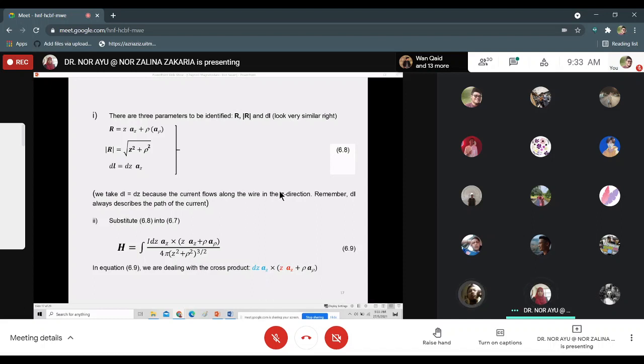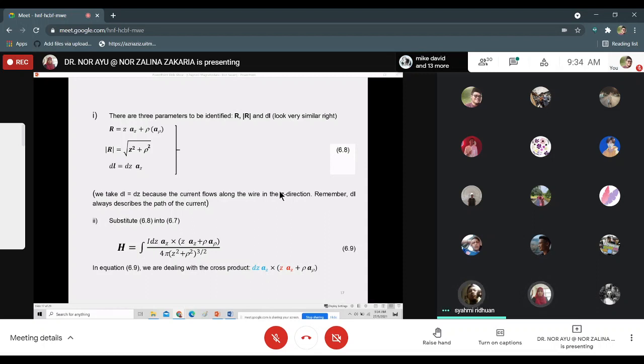Dz darab dengan z kosong. Dz az darab cross product dengan z az will be kosong. Why is it kosong? Kenapa kosong, Syami? Tapi macam mana kamu tahu dia kosong?